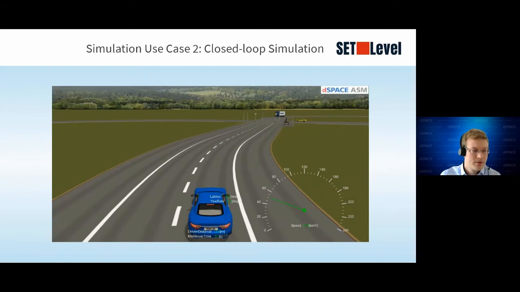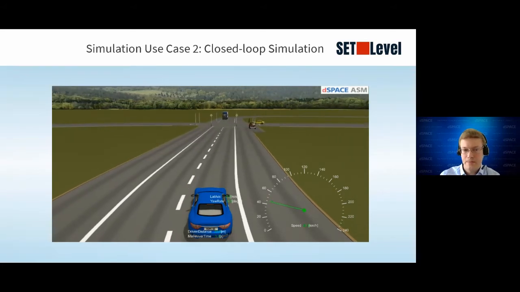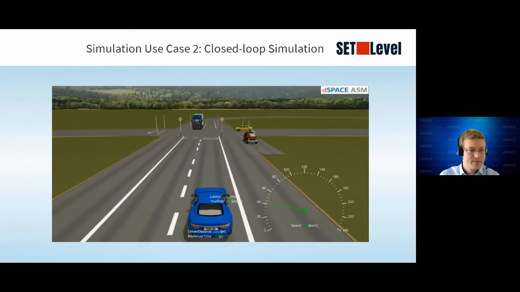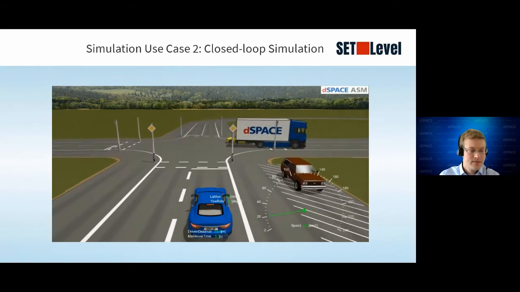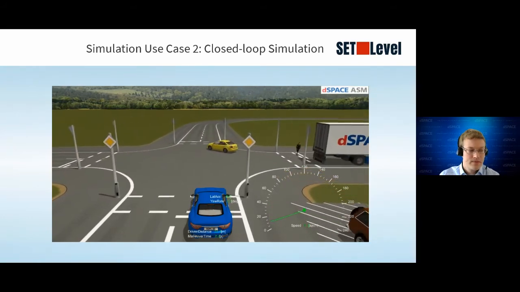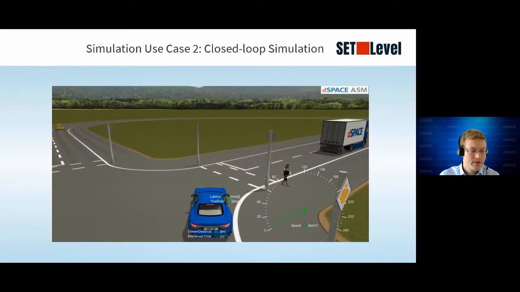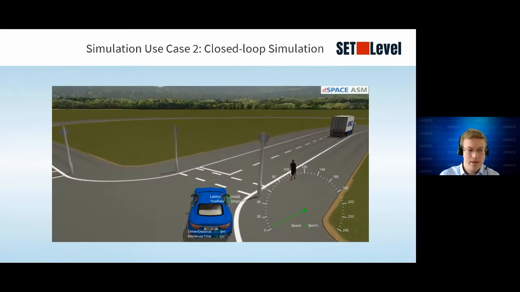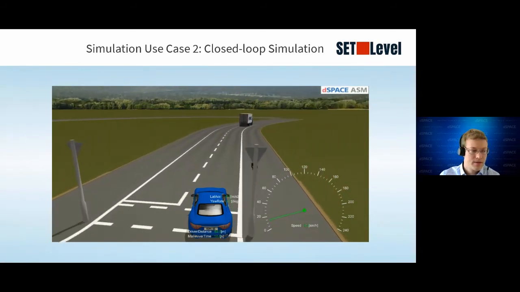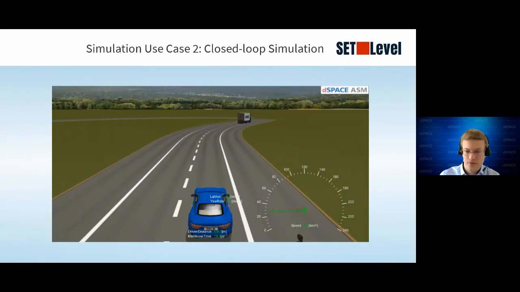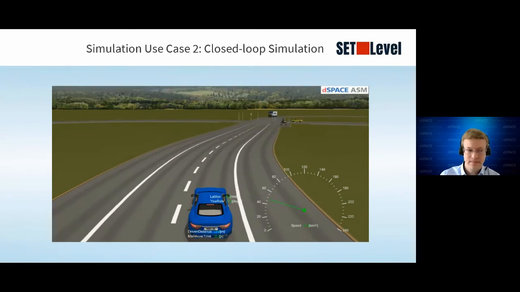Let's rewatch the whole scene one more time. So as you can see, this scenario is not really critical because the ego vehicle has enough time to react and can see enough to react timely.